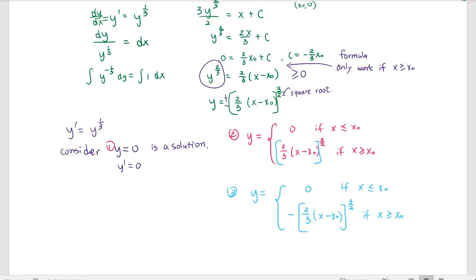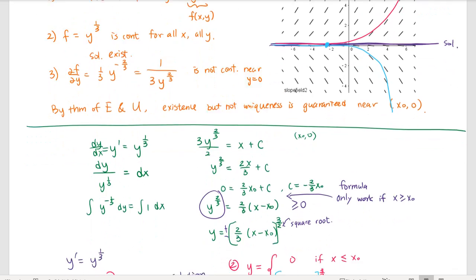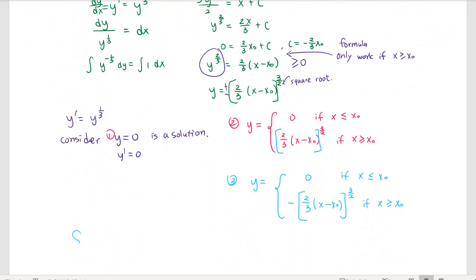This solution corresponds to this guy. Can you see now, passing through the same point, there are 3 different solutions? So you can see 3 different solutions. So that's why the solution is not unique.